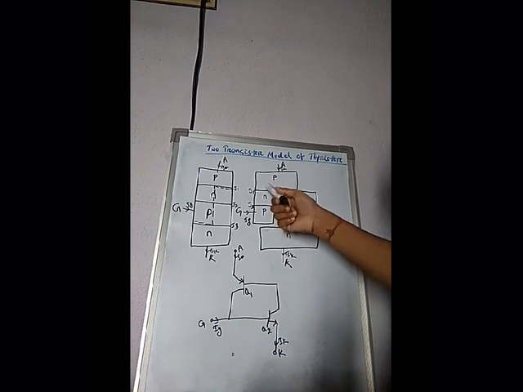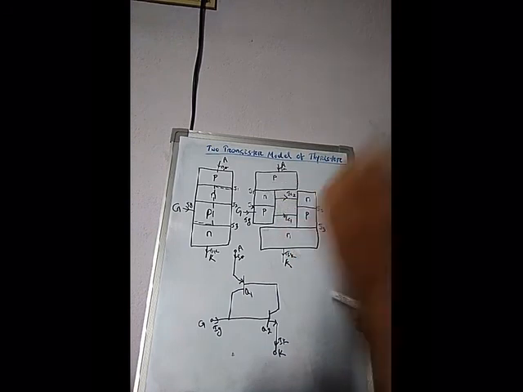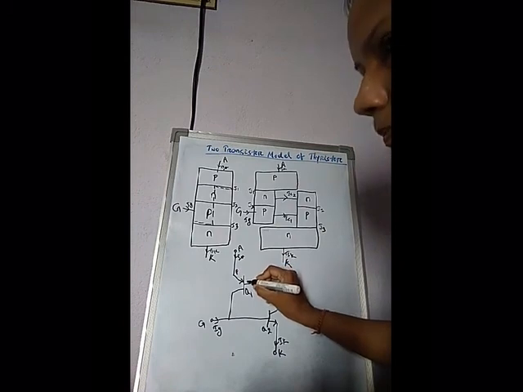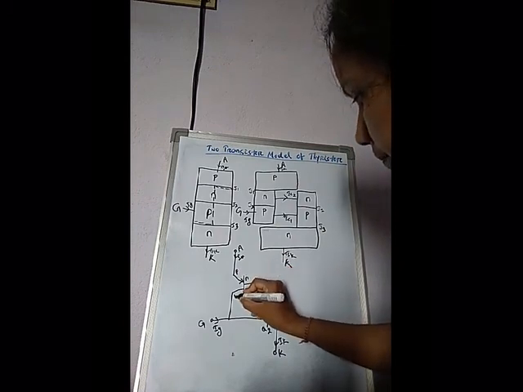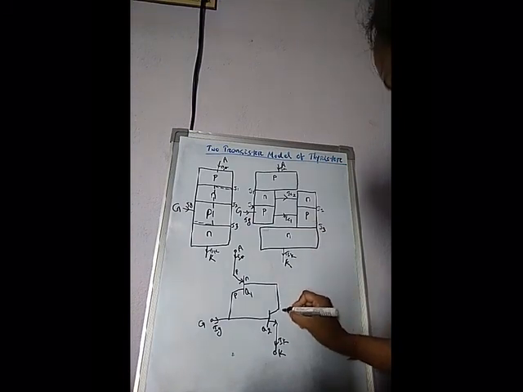Here let this be Q1 and let this be Q2. So the PNP is named Q1. So PNP. Now the NPN is Q2. So I write here NPN.